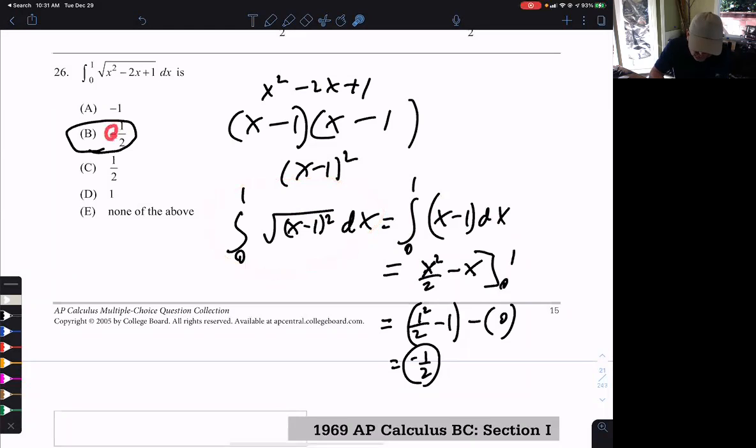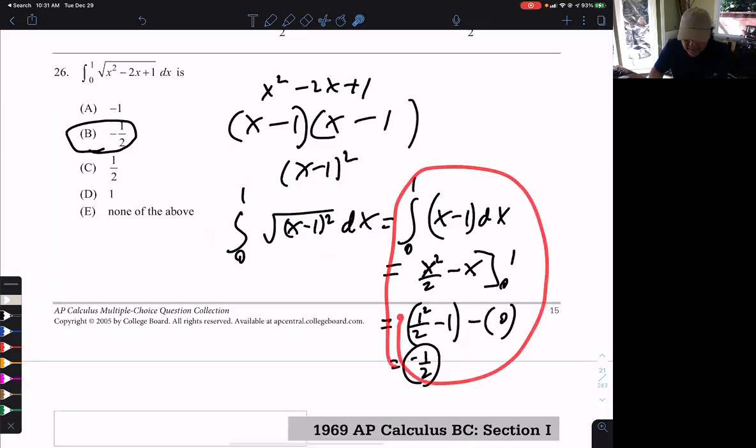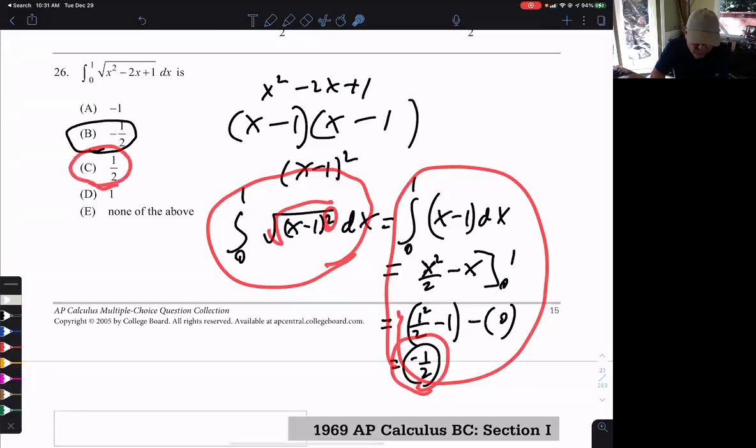That's why you ignore the negative, because this one can be negative. But in actuality, because of the square root, this has to be positive, so it's flipped up to the top. It's reflected over the x-axis. That's why it's positive 1/2, c.